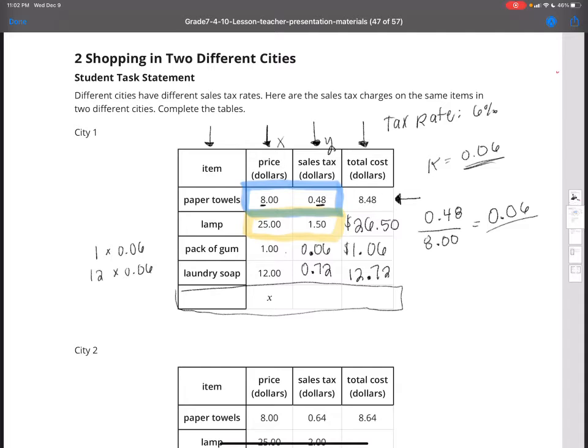Regardless of what item you choose, you need to multiply times the tax rate in its decimal form. So you could put the expression just like this. Oftentimes in 7th grade, you'll see it in this format, meaning this is the coefficient times the variable. And let me erase this so you can see. Let's talk about this concept.